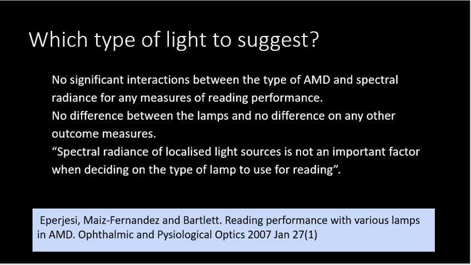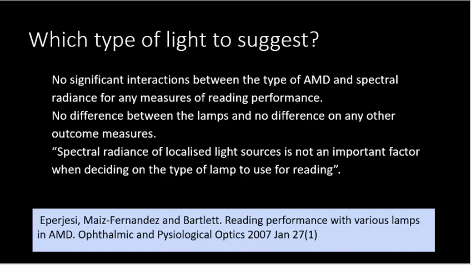So without going into too much more detail, the findings of the study indicated that there were no significant interactions between the type of macular degeneration that a patient had and the spectral radiance for any measures of reading performance. So what that means is that there were no differences between the lamps and any other outcome measures.